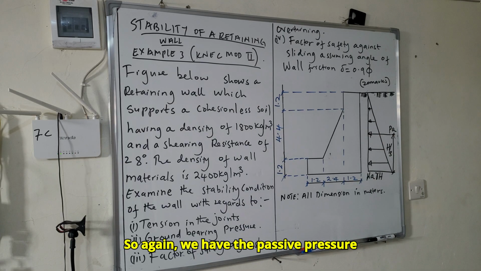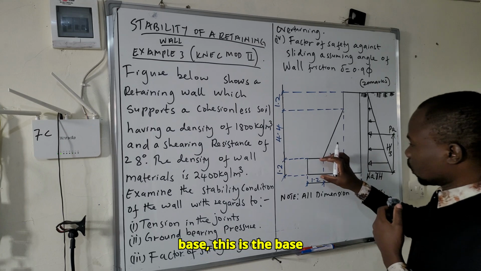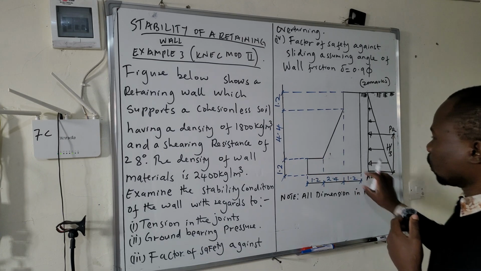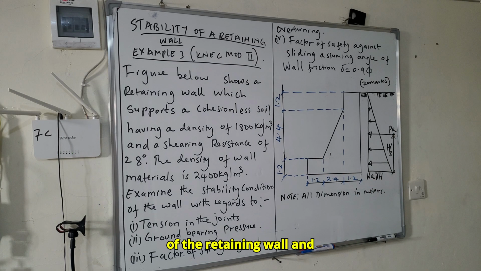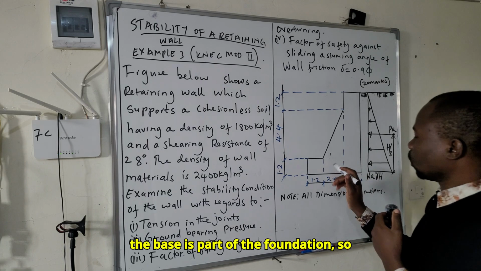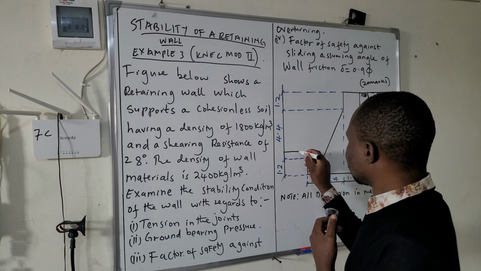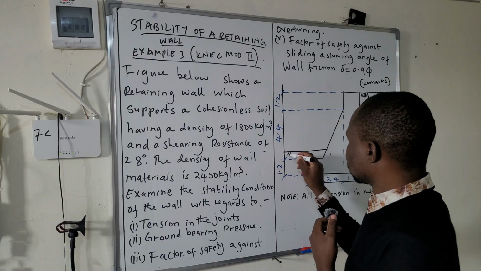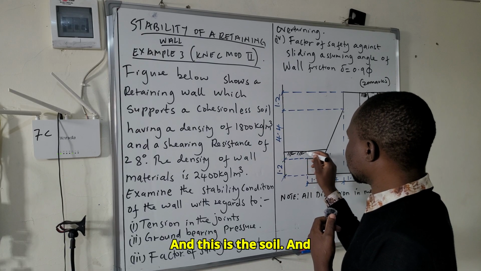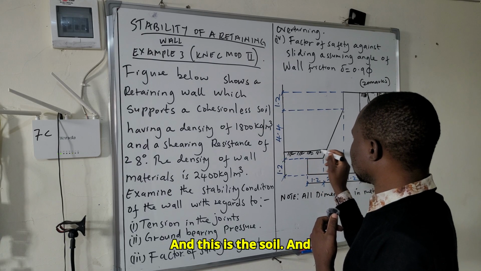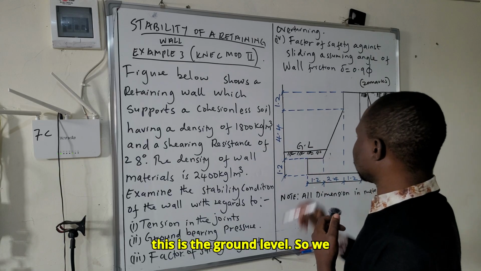Again, we have the passive pressure, and since this is the base of the retaining wall, and the base is part of the foundation, we'll assume our ground level is at this point, and this is the soil, and this is the ground level.